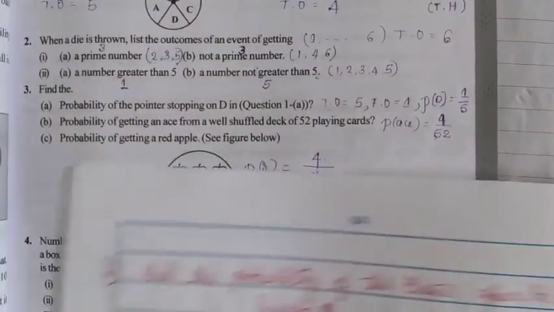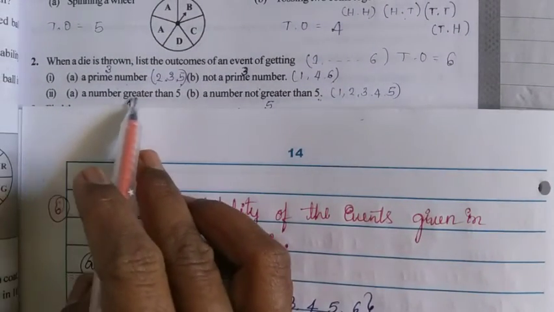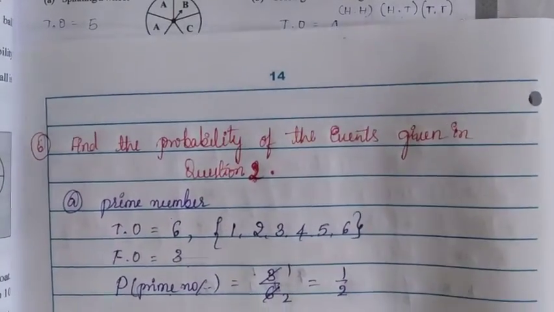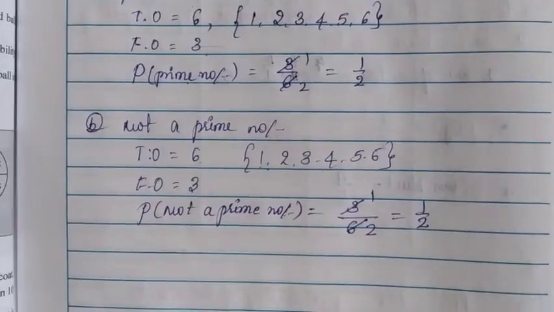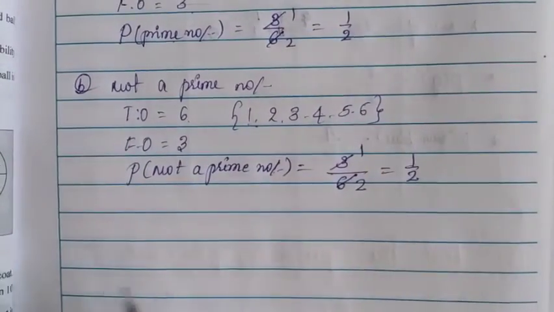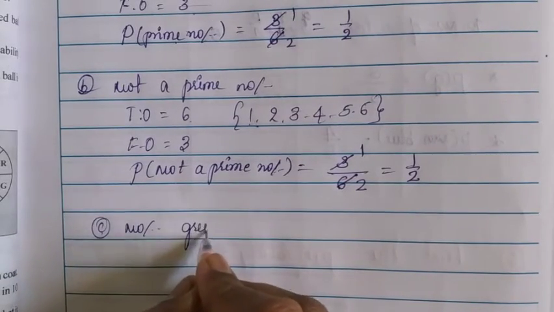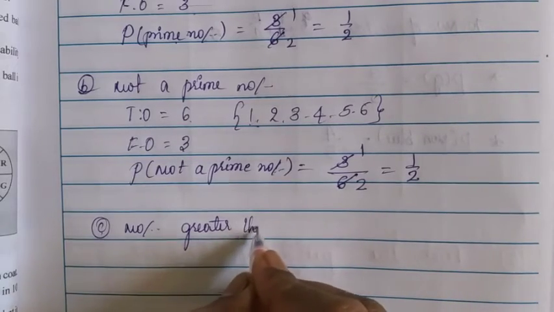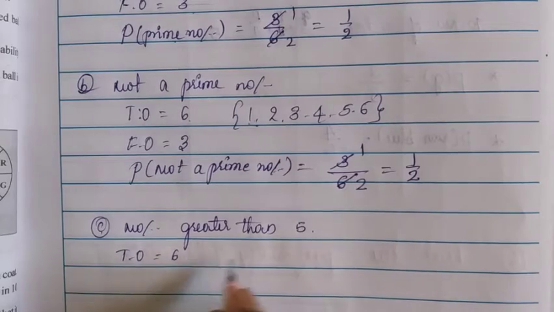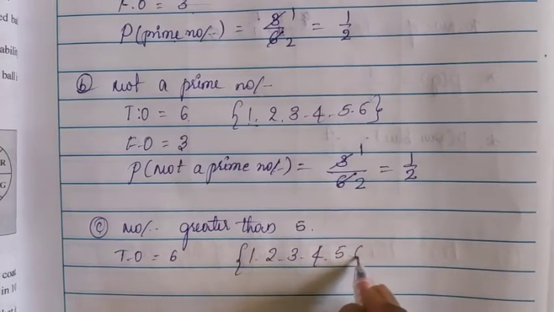Yes. Third one is, what is asked here? A number greater than 5. Its total outcomes are 6: 1, 2, 3, 4, 5, 6.